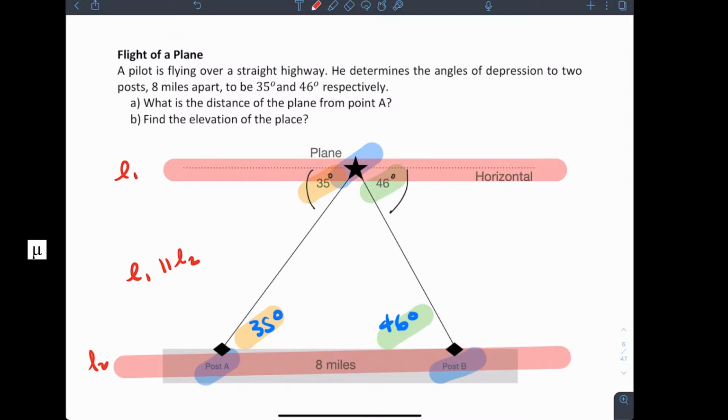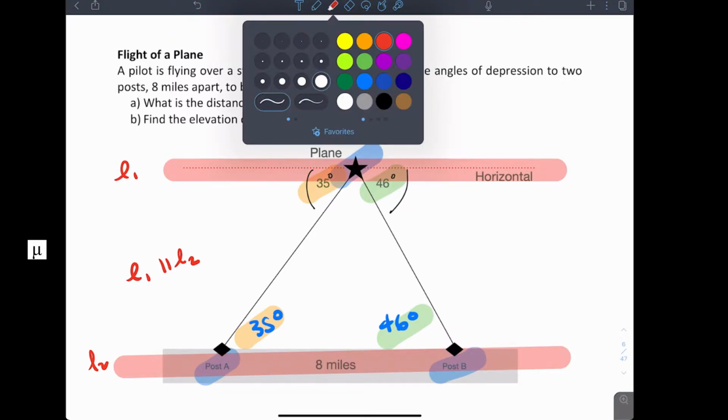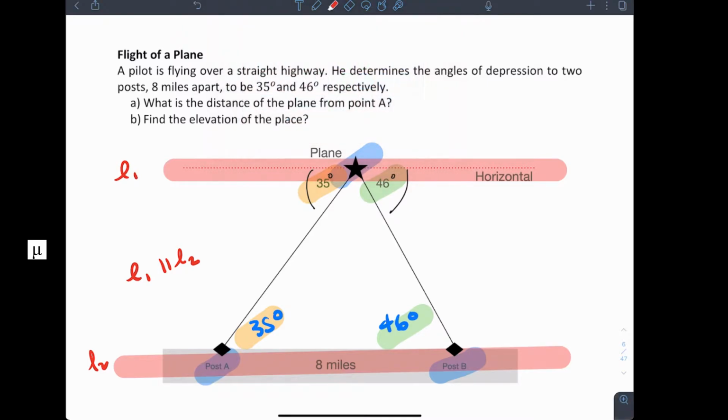Why is it an angle of depression? Because from the pilot's perspective, these angles right here, it's a pilot perspective angle, to two posts 8 miles apart. What is the distance of the plane from point A? So again, what are they asking?